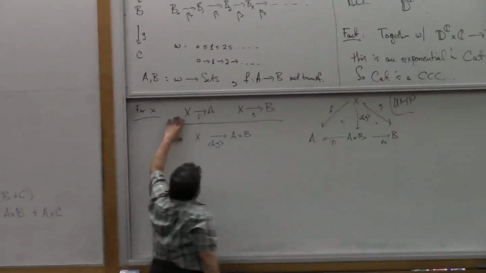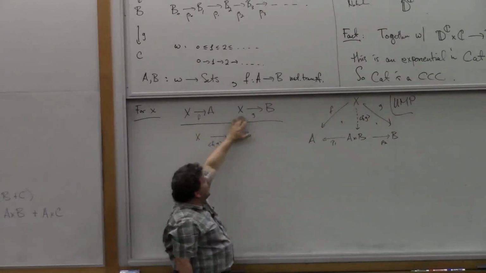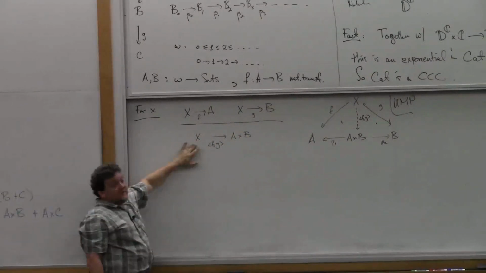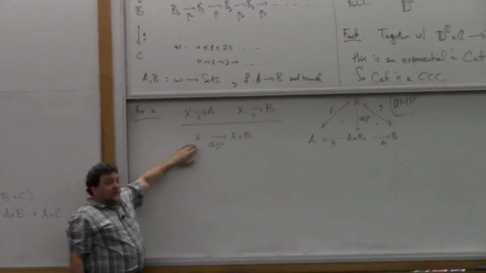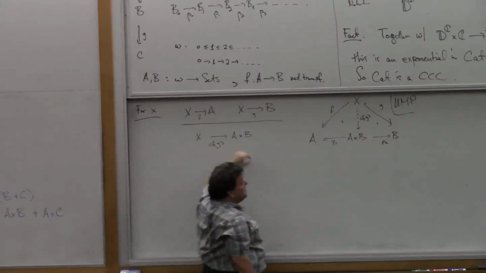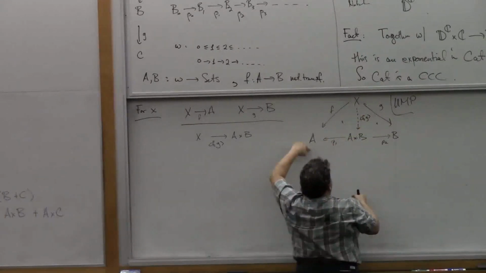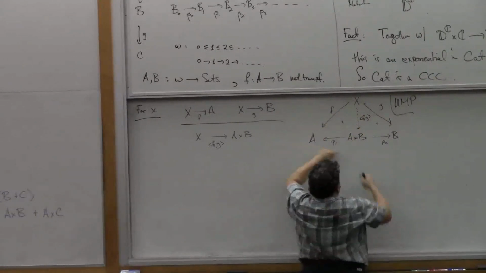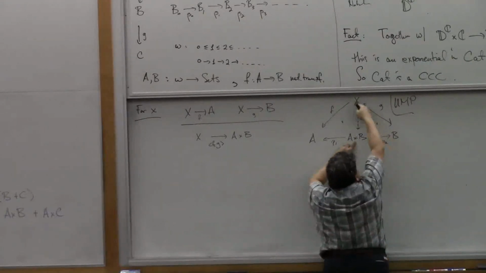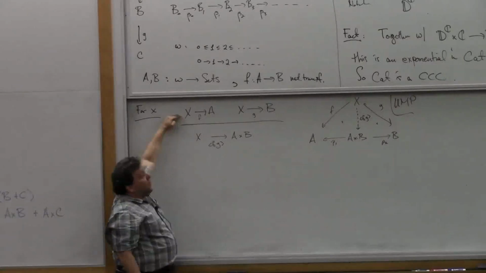How do you express it as a rule of inference? Well, you say, given these two guys, you can pair them up to get something like this. But moreover, given anything like this, some other map here, you can compose it once with P1 to get a map from X to A, and once with P2 to get a map from X to B. So this rule of inference goes both ways.